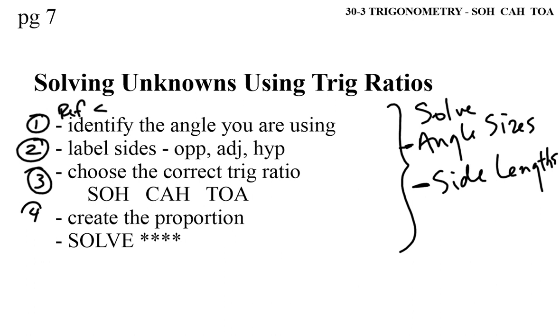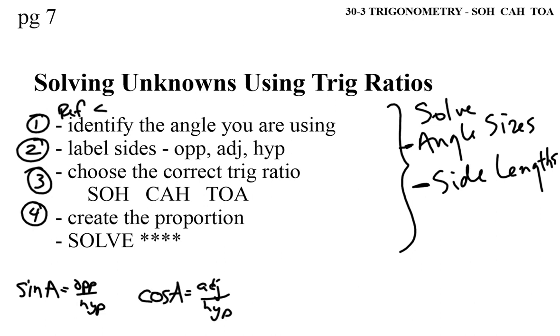Now we're going to start creating a proportion using the sine of an angle is opposite over hypotenuse. There's the ratio that we have to set up and plug into. Or cosine of A, adjacent over hypotenuse.